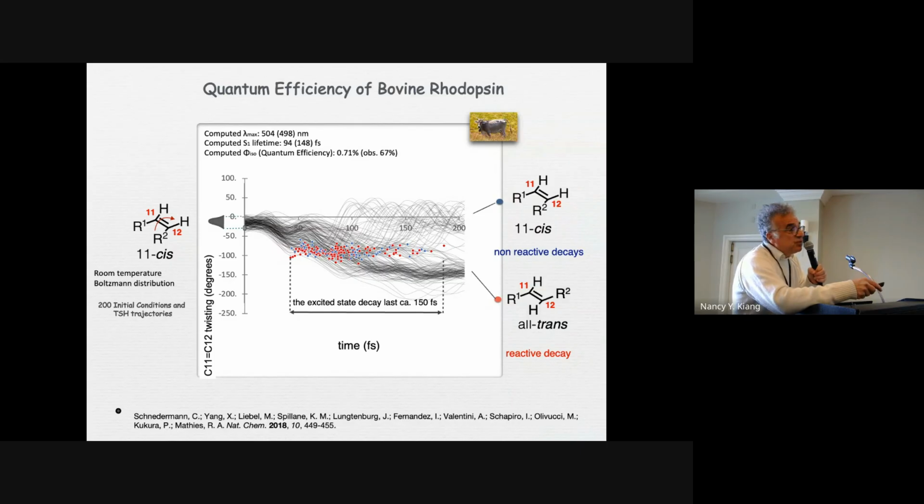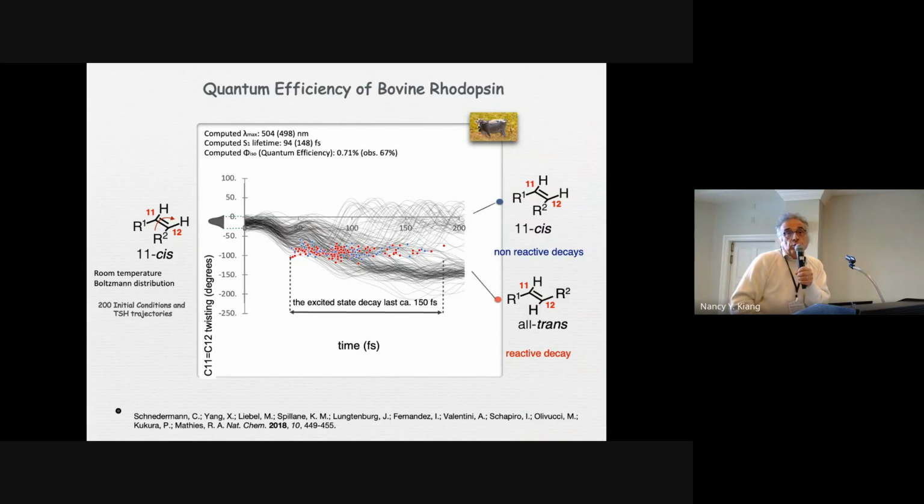And the observed quantum efficiency, there are very, very few observed quantum efficiencies because these are, let's say, difficult measurements to do, is 67%. So there is a kind of 4% discrepancy between the computed and the observed quantum efficiency.